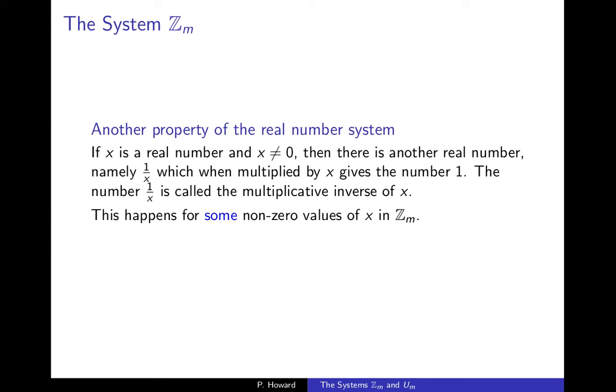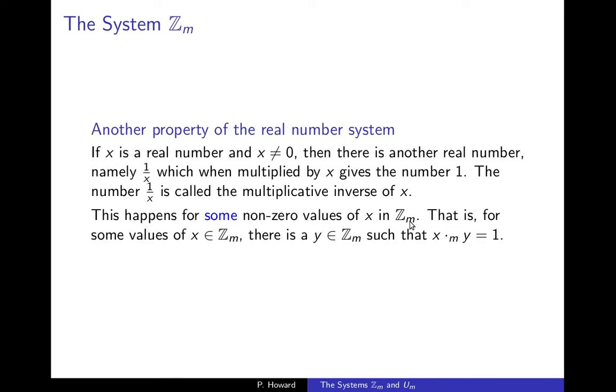This kind of thing happens for some of the non-zero values of x in Z sub m. In other words, for some x's in Z sub m, there is a y in Z sub m for which x times sub m y is 1. Some x's in Z sub m have multiplicative inverses.